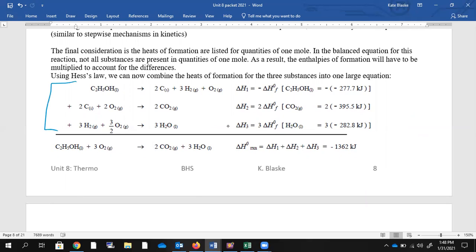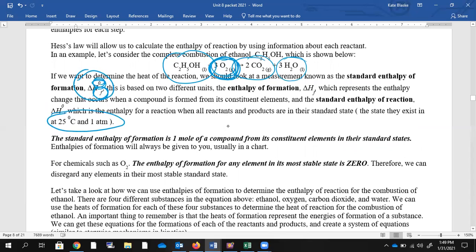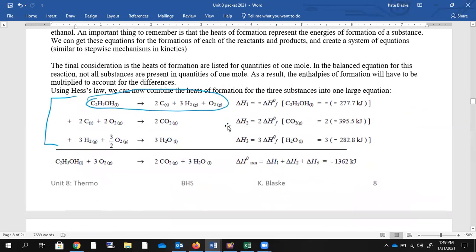So for example, here I've got the heat of formation of my ethanol. I had to remember what chemical I was talking about. But this is reversed, right? Heat of formation is usually taking the carbon, the hydrogen, and the oxygen and combining them to form that ethanol.